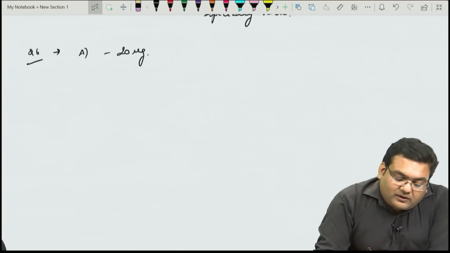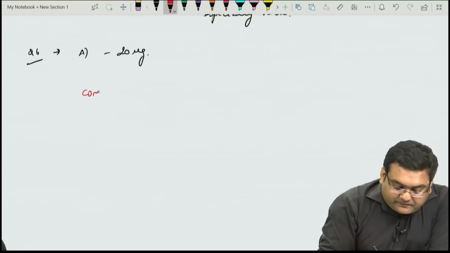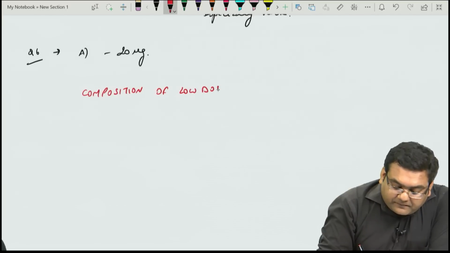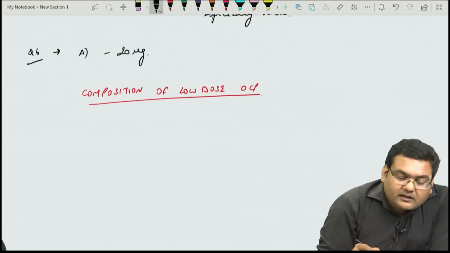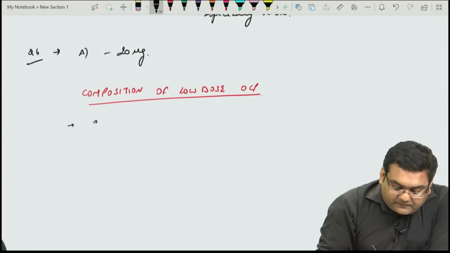Now here we need to discuss the composition of low dose OCP. It consists of two things.